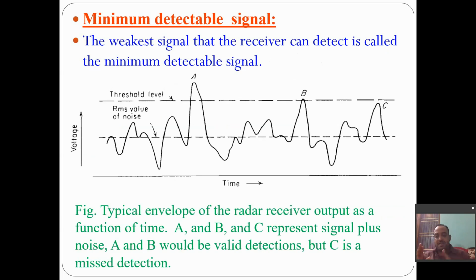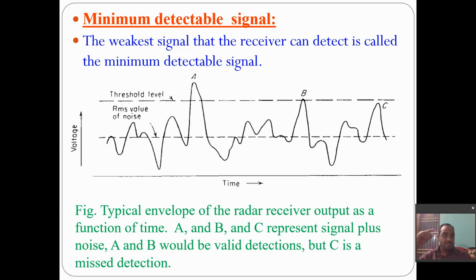Consider if your radar is designed for 1 kilometer. If your target is at 500 meters, then it is called half of the range. If it is at 800 meters, then it is also within the range.